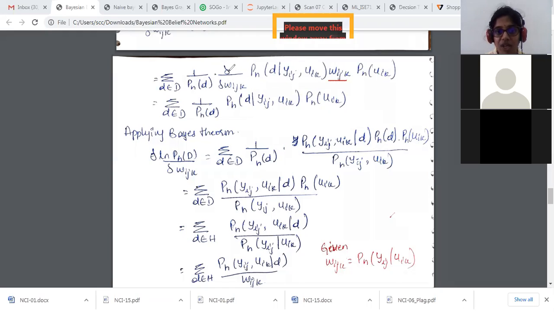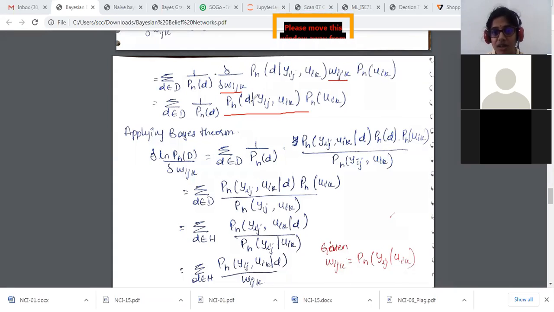Okay. I'm doing a partial derivative of this with respect to this. You can see the partial derivative of this with respect to this. So this term I will not have, and I'll have the remaining terms which I've derived right now. What I'm doing here is applying Bayes theorem on it, with respect to the given data.